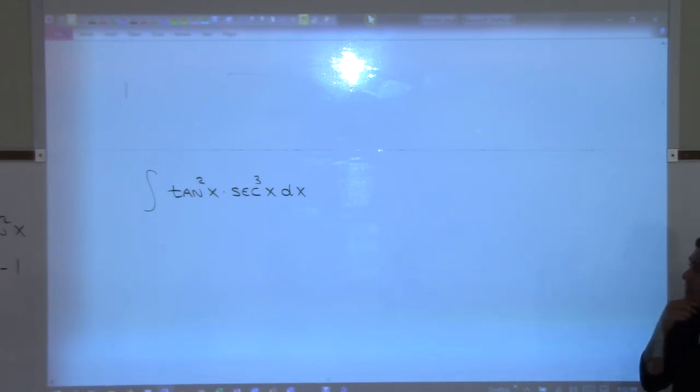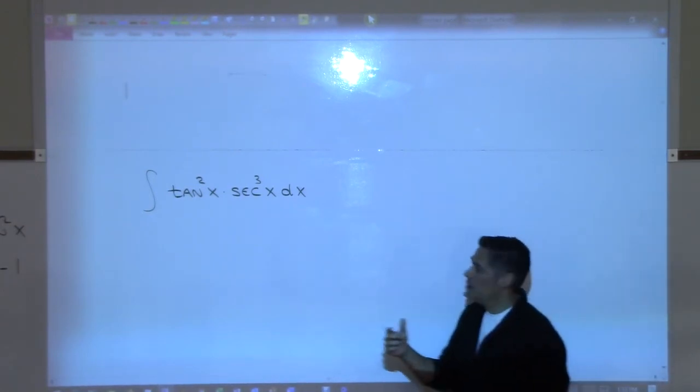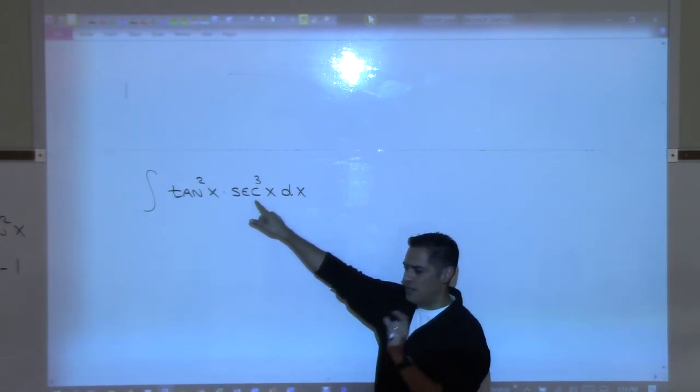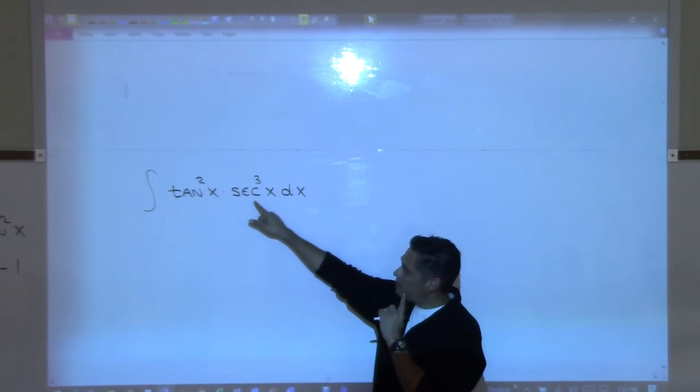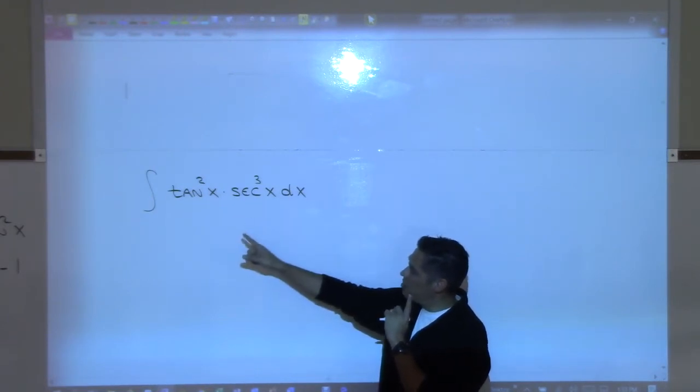We already know we can't peel off the secant squared, because then we'd need to convert everything to tangent, and I won't be able to convert the secant that's still there. What if I pull a single secant and a single tangent?